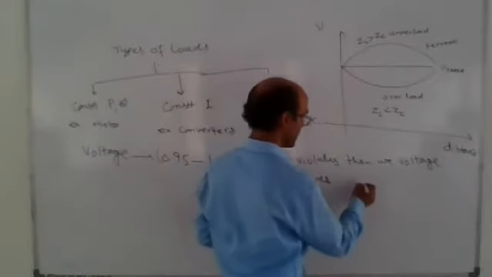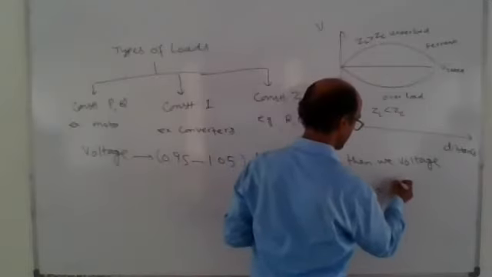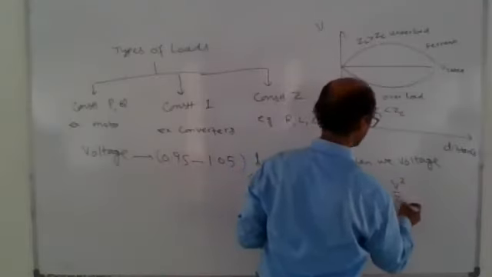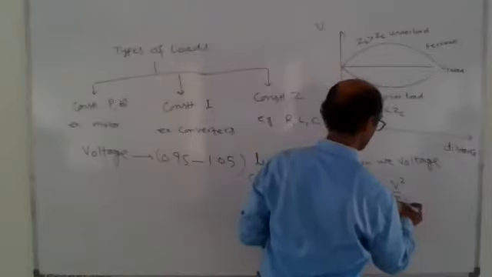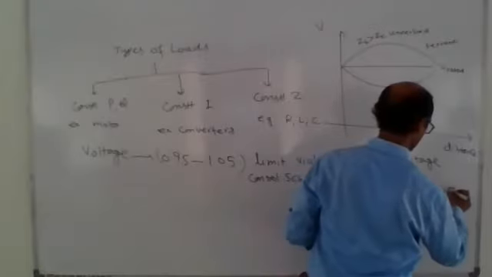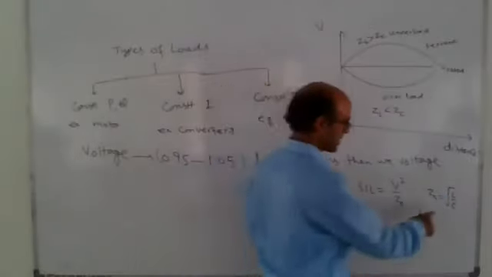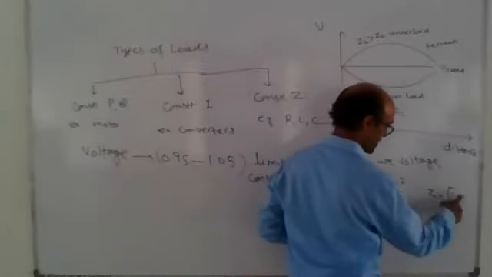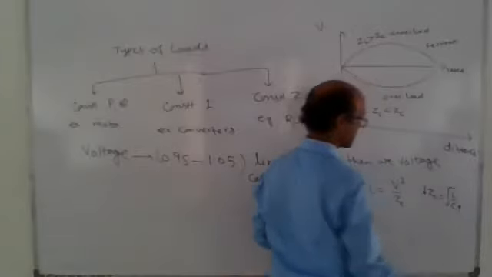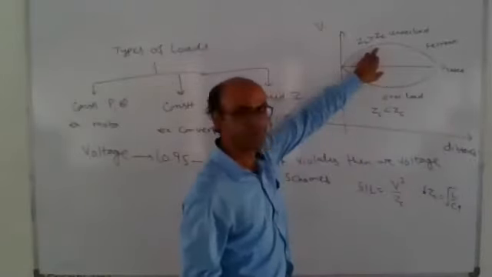And you know surge impedance loading is nothing but V squared by ZC, and ZC is square root of L by C. So if capacitance is more, then ZC is less.